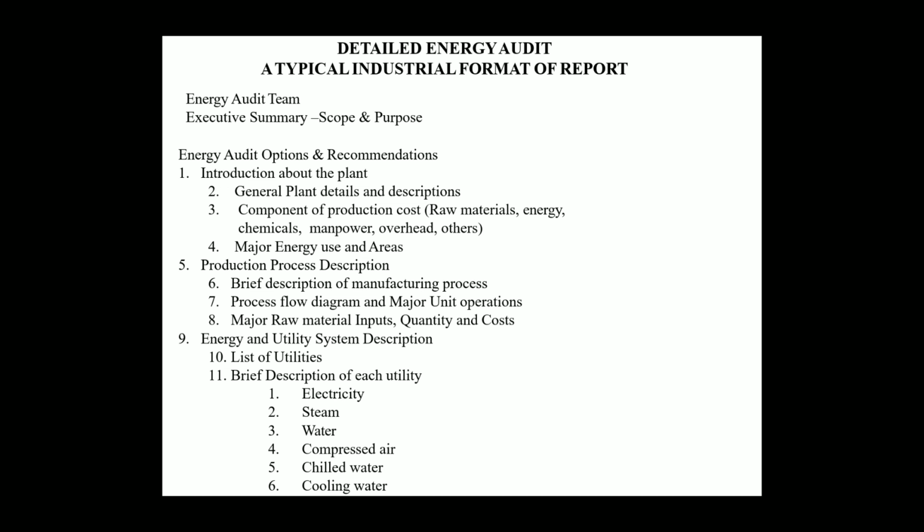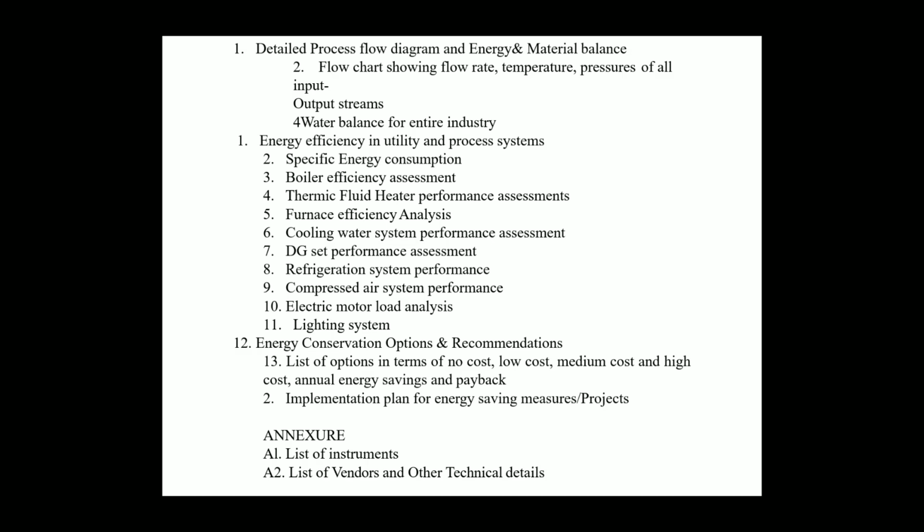Ninth, energy and utility system description. Tenth, list of utilities. Eleventh, brief description of each utility, that is electricity, steam, water, compressor, chilled water, cooling water. Next, the detailed process flow diagram and energy and material balance.